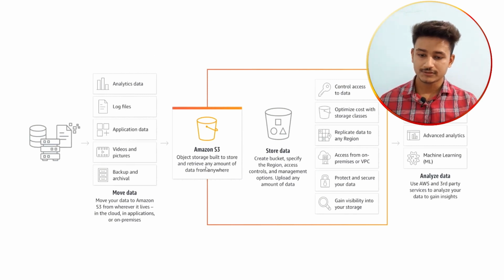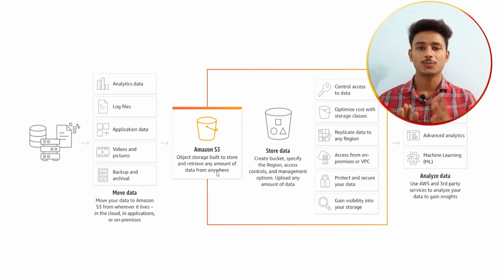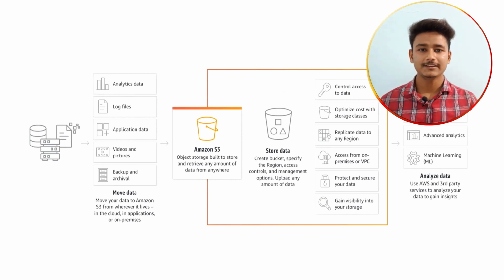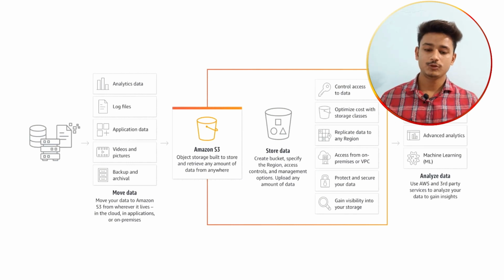Objects are storage built to store and retrieve any amount of data from anywhere. So the object is the inclusion of all of these things, and it will further go to the next part, called a bucket. What is a bucket? The name itself suggests a bucket is a kind of container. Each Amazon S3 bucket can have 5 terabytes of storage and we can have 100 buckets at a time.